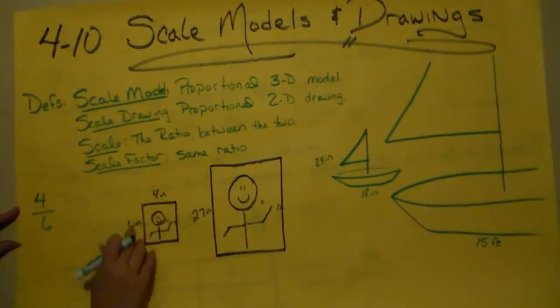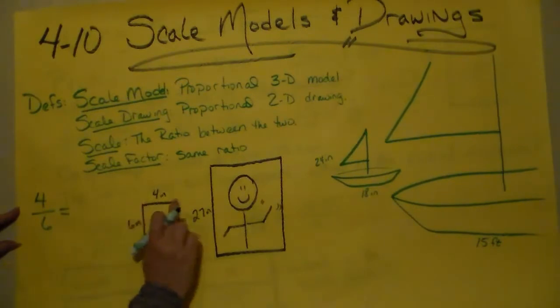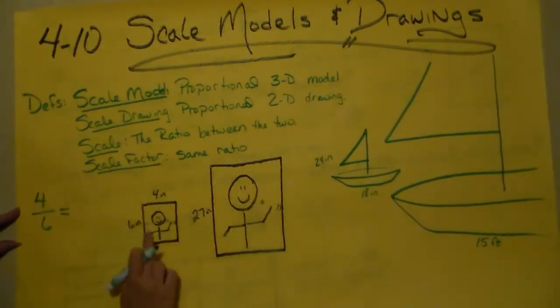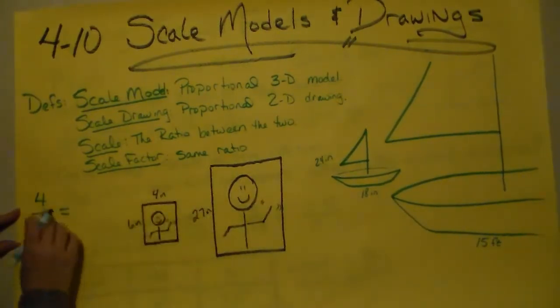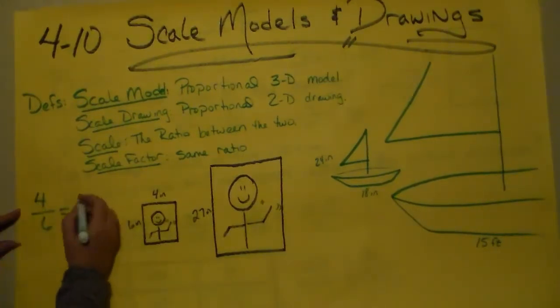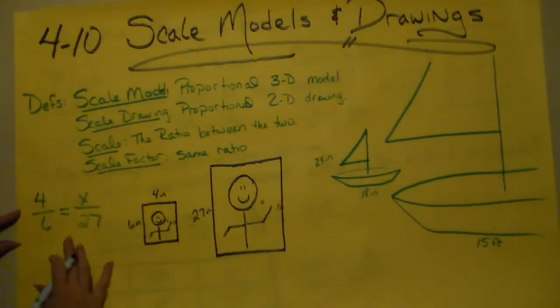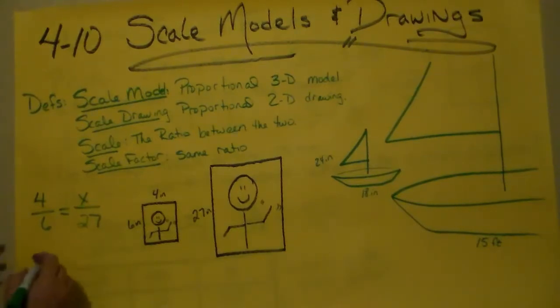This is going to be 4 by 6, and the width and the length have to be on the same side. So if I'm going to go width by height, then I'm going to go width by height. And now, cross multiplication will help me solve this problem.